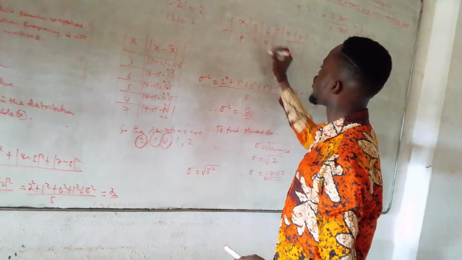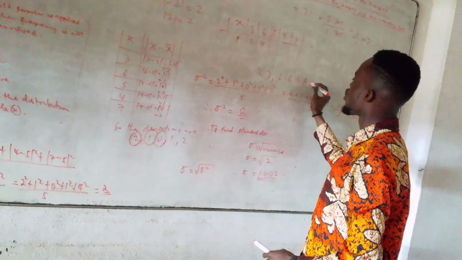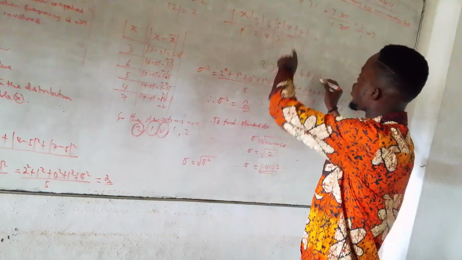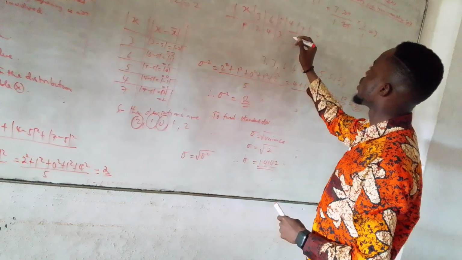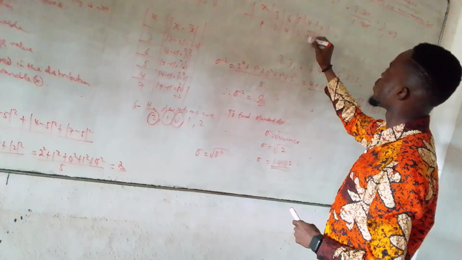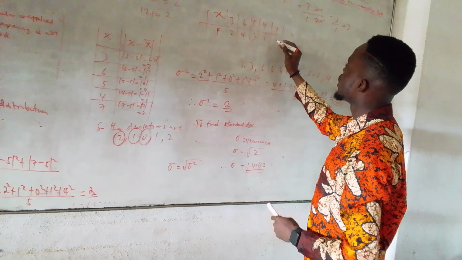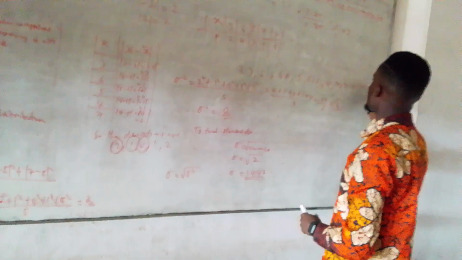Then here we have 4, meaning that 6 occurred 4 times. Then here, let's say 3, means that 5 occurred 3 times. Then here, let's say 1, which means 4 occurred just once. And then here, let's say 5, means that 7 occurred 5 times.